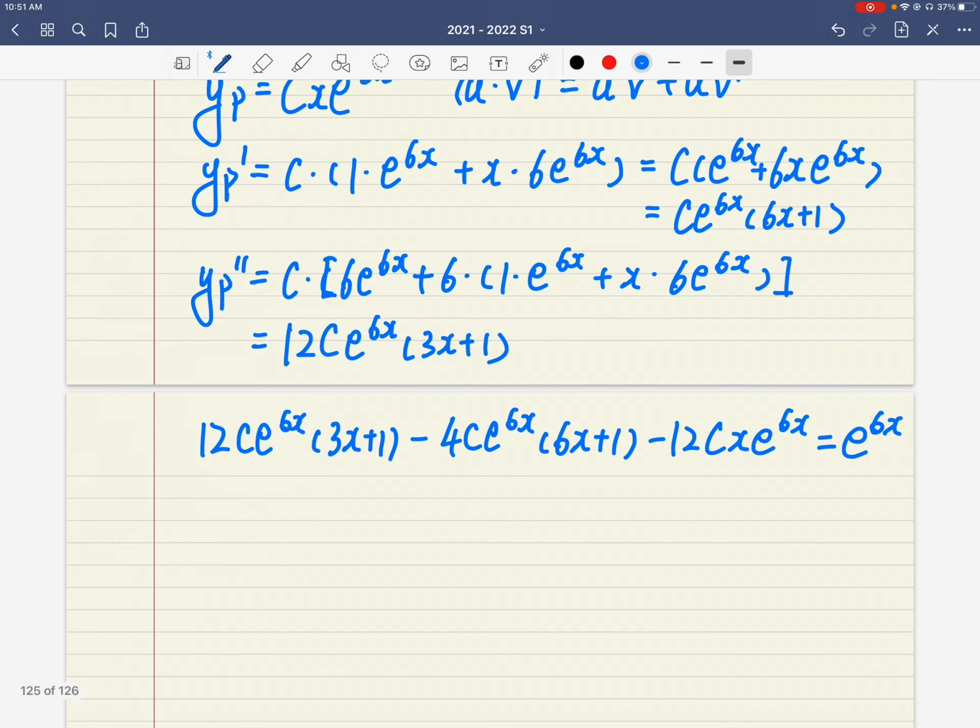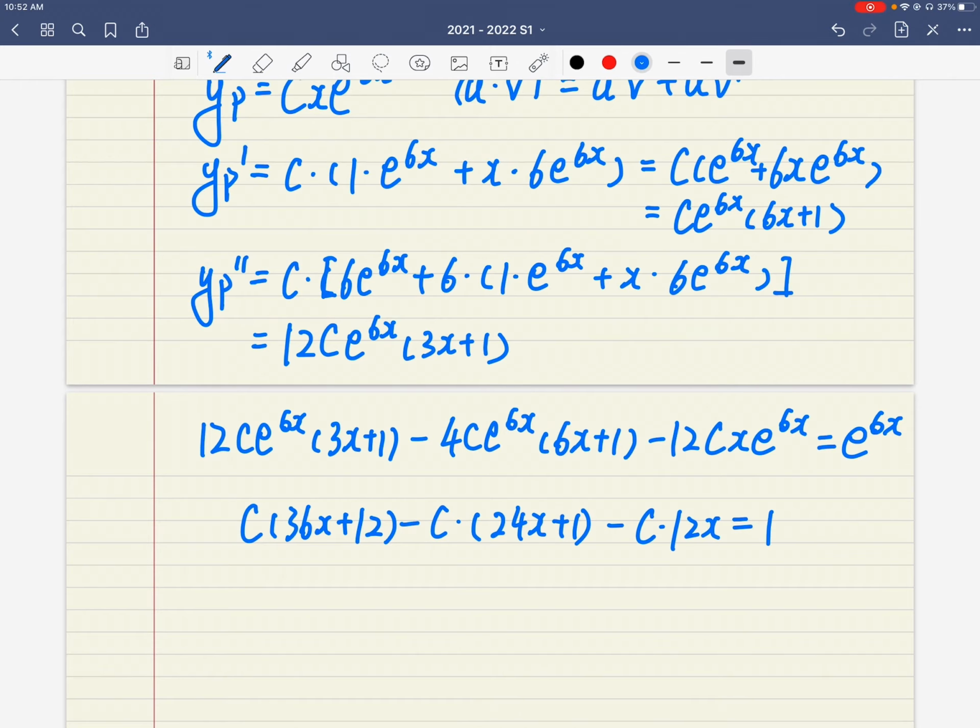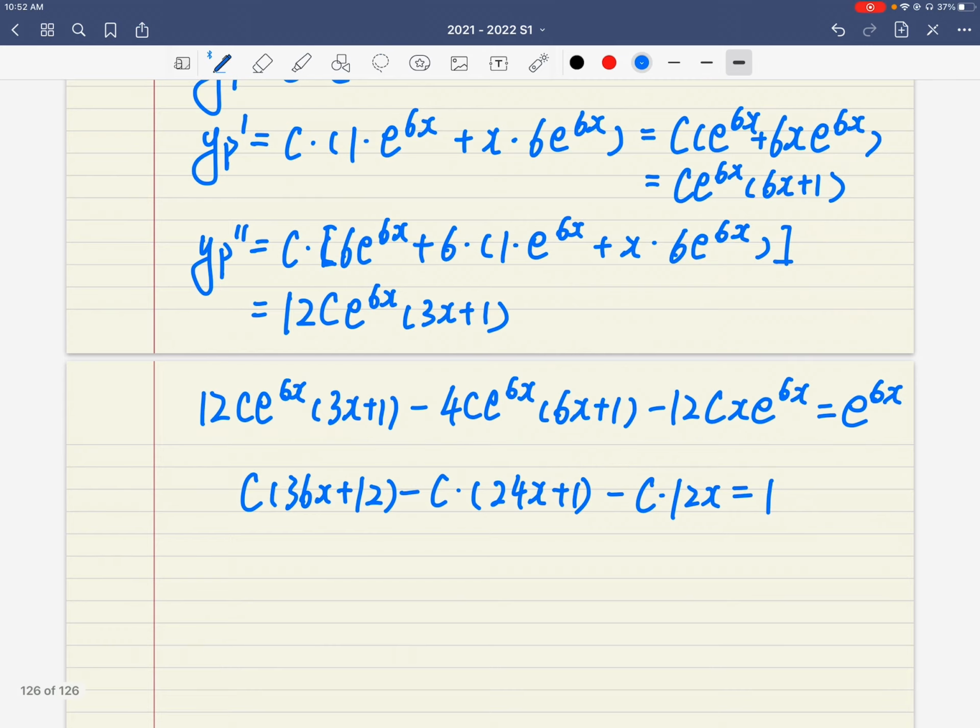Okay, so c is a common factor on the left, so it's c times (36x plus 12) minus c times (24x plus 1), okay, minus just c times 12x is equal to 1.